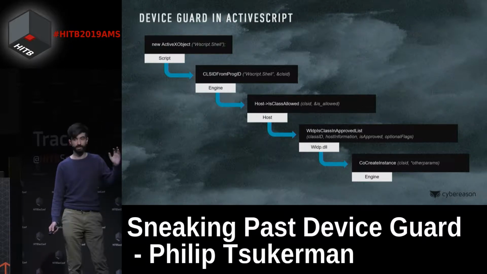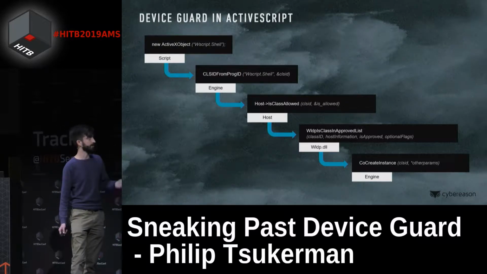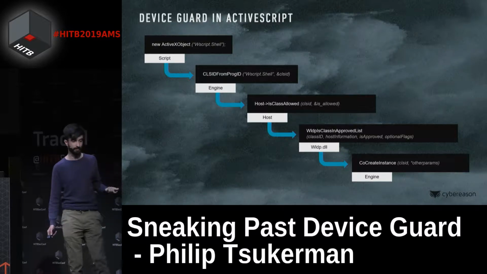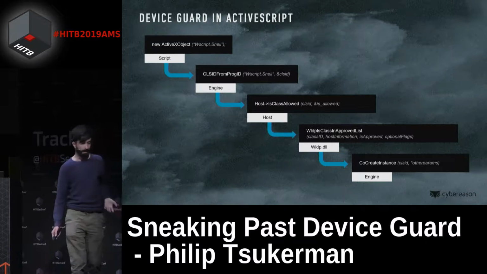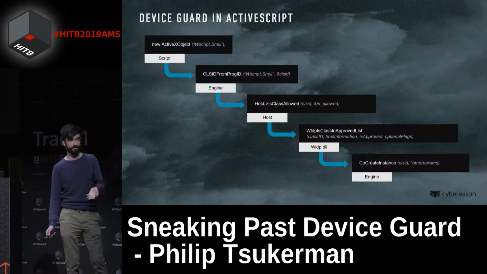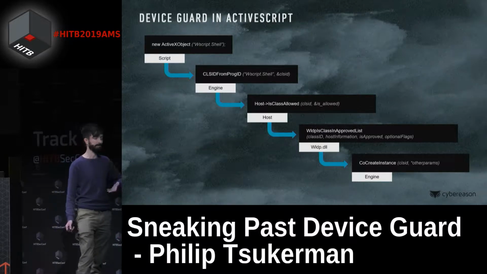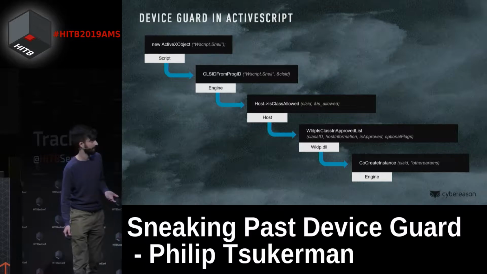Of course, if you have a trusted script, this check simply does not happen and everything can be created. But we have this IsClassAllowed function, which checks against a hard-coded list in a library called wldp.dll, Windows Lockdown Policy. And if everything succeeds, the scripting engine uses CoCreateInstance to create an instance of our COM object. And if it doesn't work, you simply throw an exception.